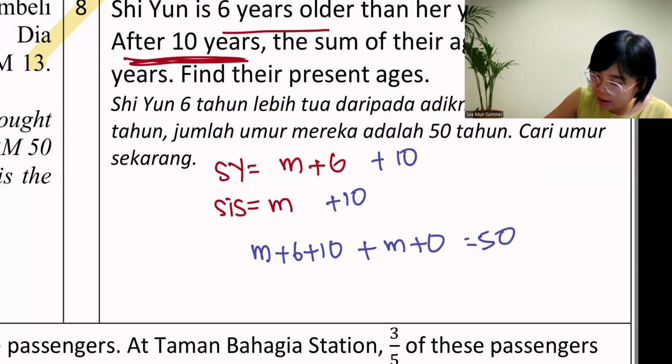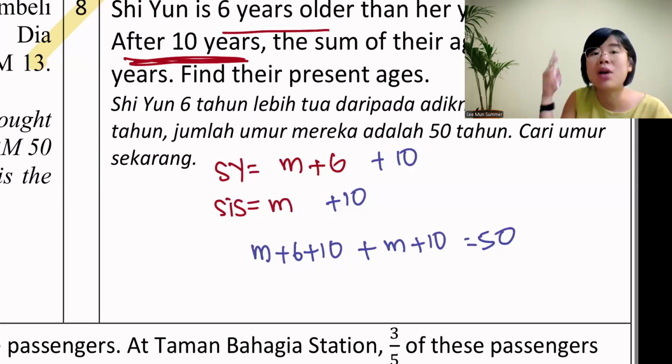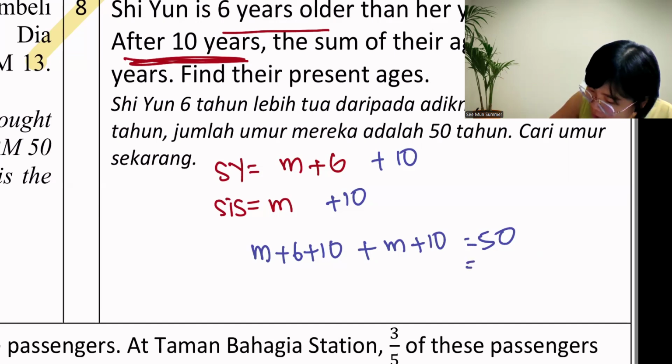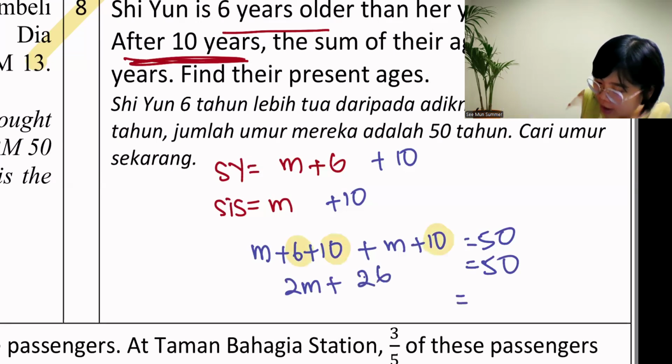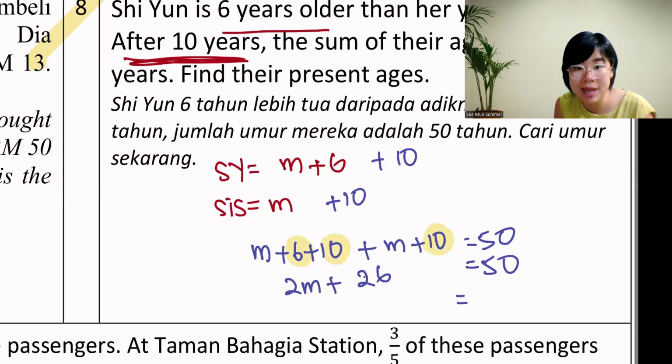So you have an equation already, so I can find my M first, correct? Now I add together. M plus M is 2M. And then 6, 10, and 10 add up to 26, correct? So can you find what M represents?